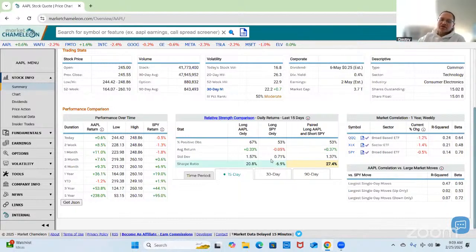So if we take that average return divided by its standard deviation, we get this Sharpe ratio, and this lets us compare the return as a unit of risk versus SPY. Okay, and obviously you want this number to be high, right?